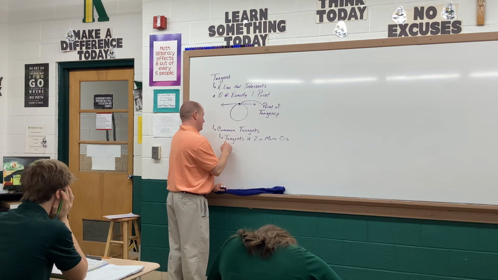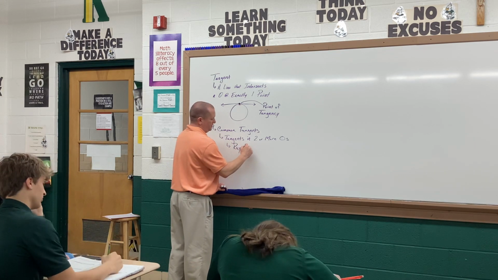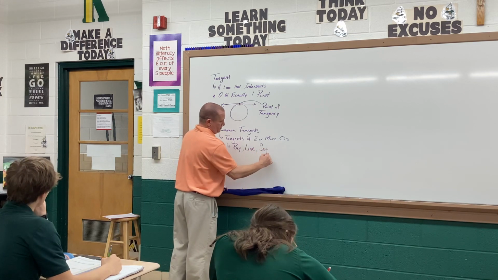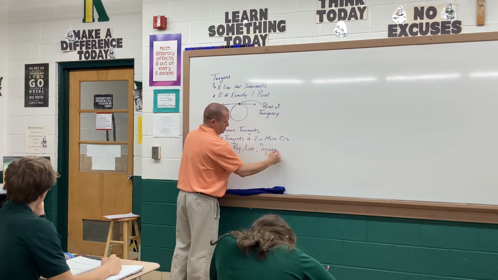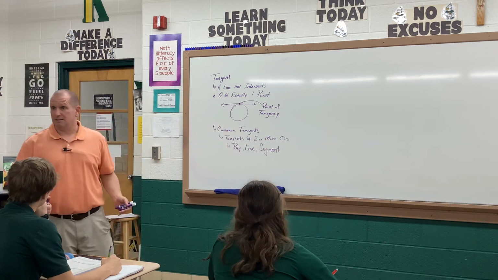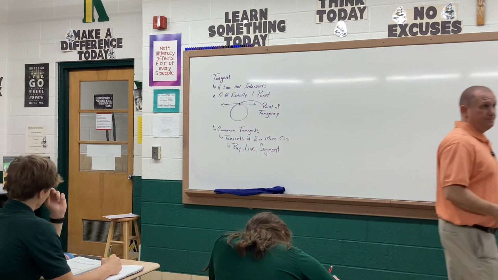And these could be a ray, it could be a line, it could be a segment. Does everybody understand what we're saying by those three terms? And the difference between a ray and a line? Everybody good with that? Okay.